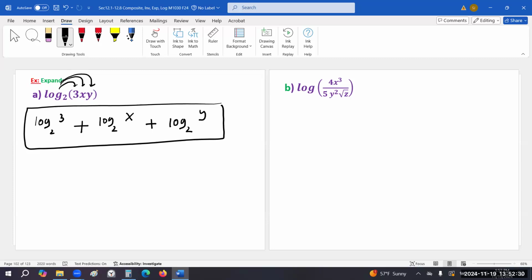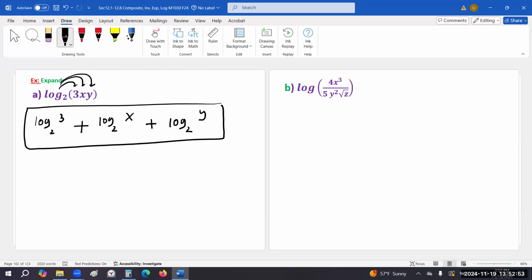So we have multiplication on the top, so we have pluses, but for every division, we have to put minus. Division means subtraction in the log.